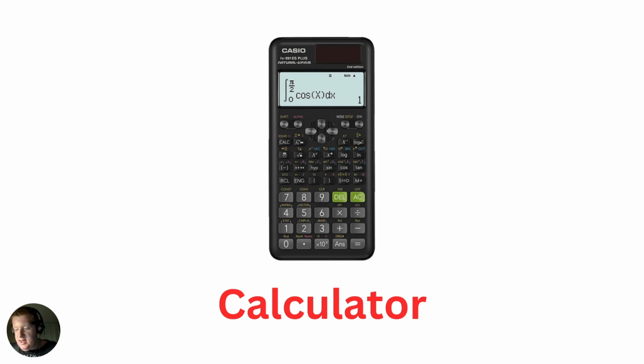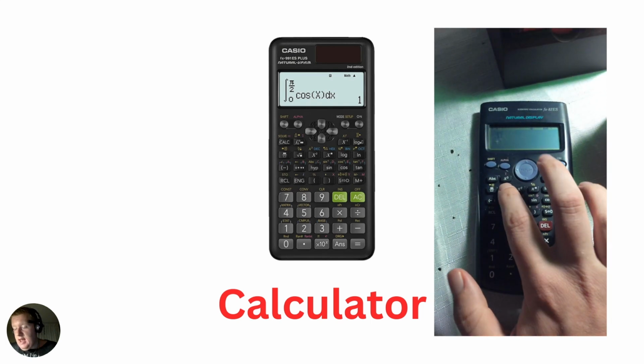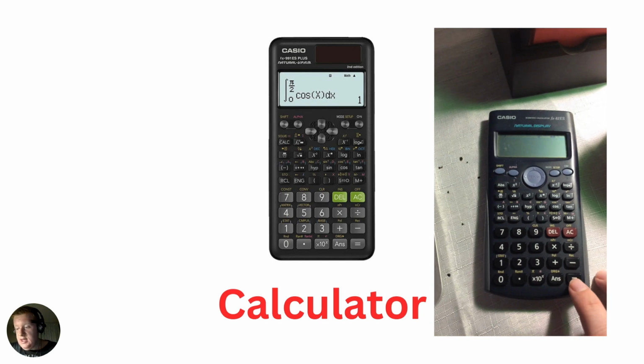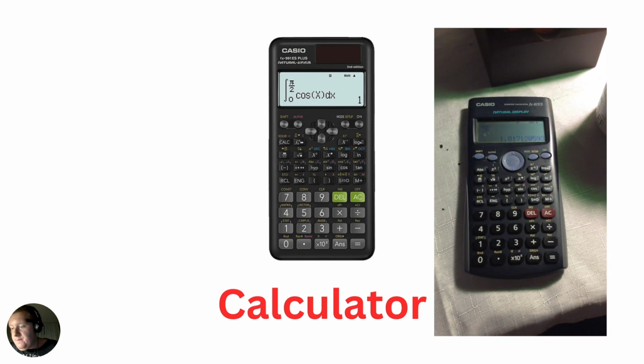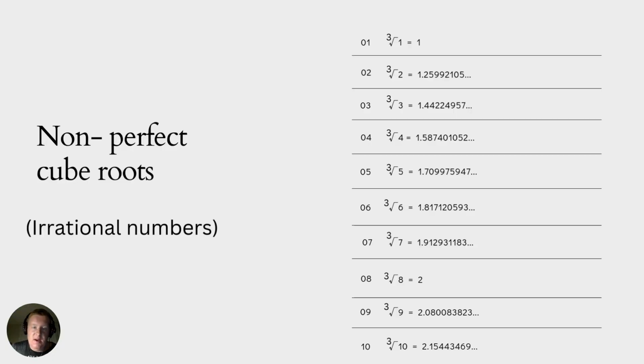And let's say I hit the number 6, and that's your final answer. 1.817120593, and the numbers just keep going on forever and don't repeat again. So remember, if you want to use the cube root, you have to have 3 as an index number.